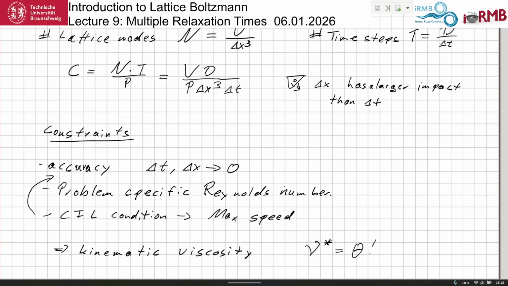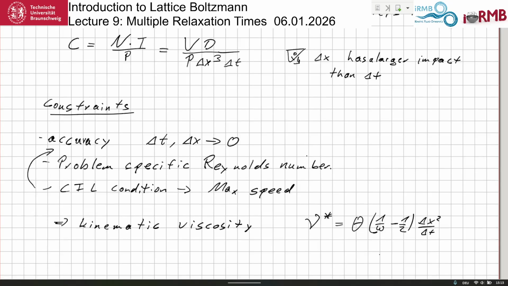So the viscosity is theta, where theta is this one third, times 1 over omega minus 1/2, times delta x squared by delta t. Theta is the dimensionless temperature. And omega, we know from BGK, is the relaxation rate. Is rate with E or without E? With E, yes, thank you.